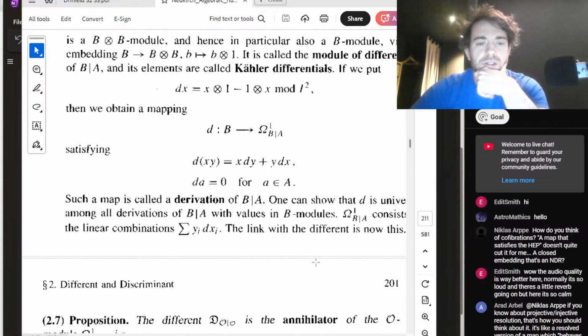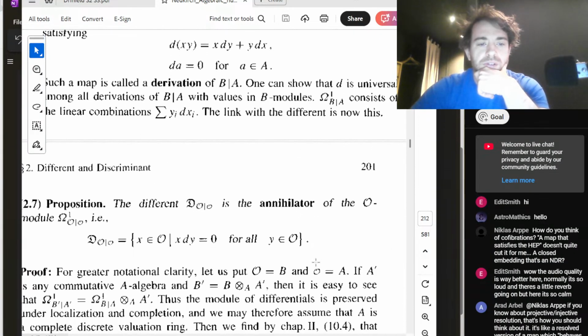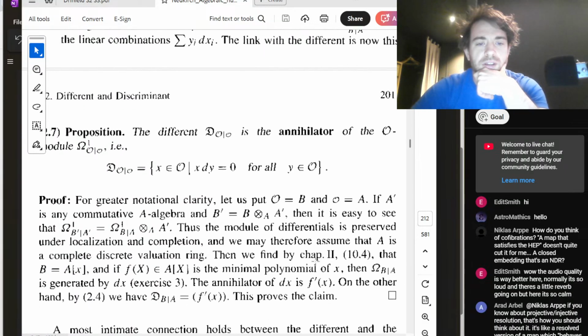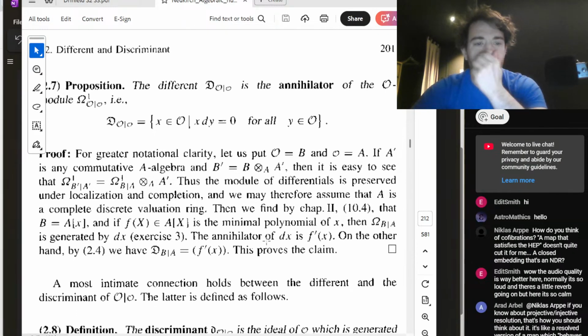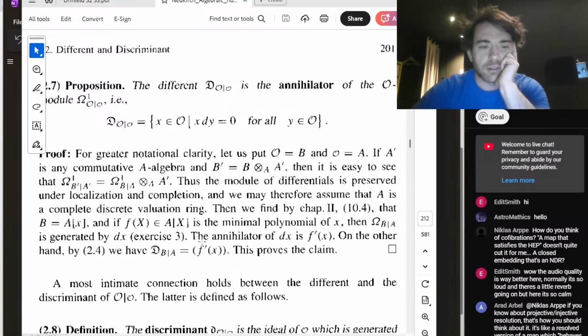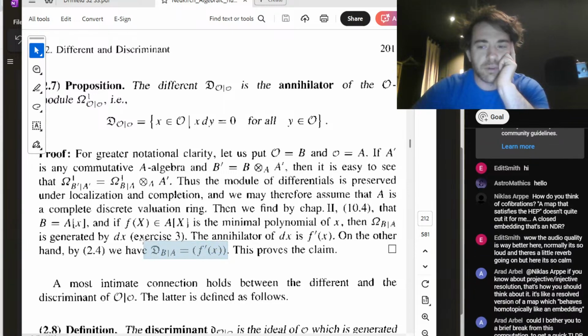Oh yeah, here we go. The difference should be the annihilator of our differential map. Ah, and so the different. I guess it looks like the takeaway is that it should be.